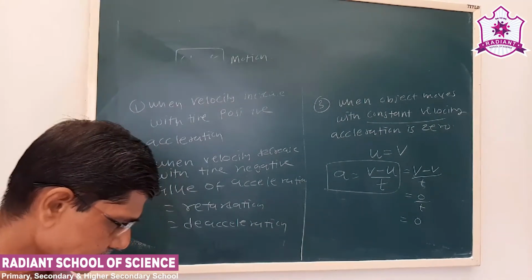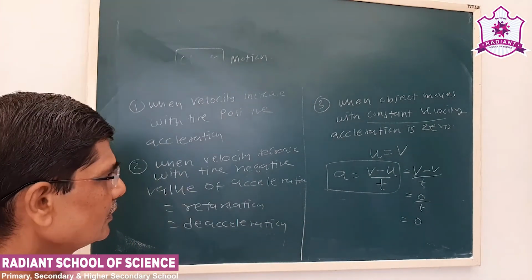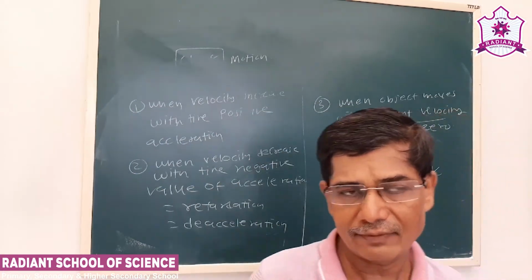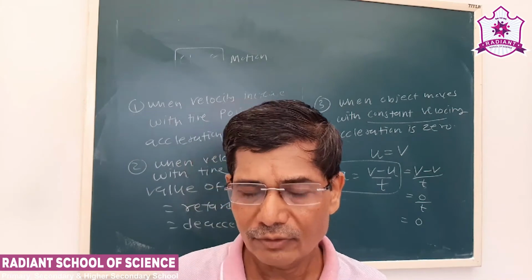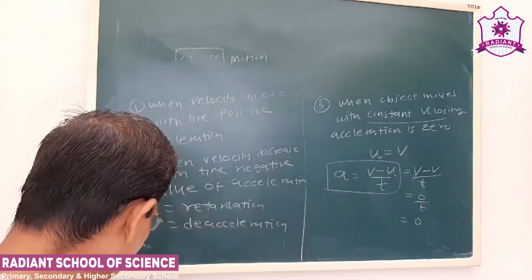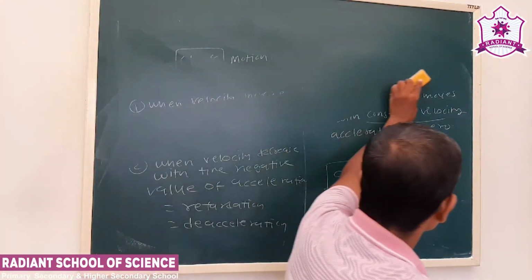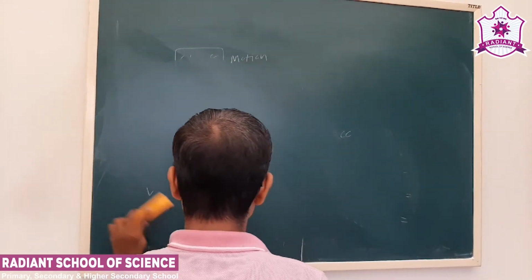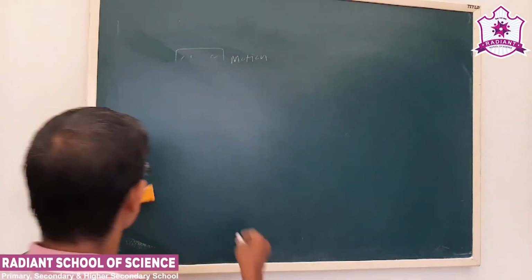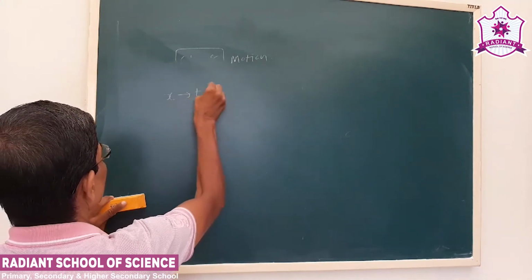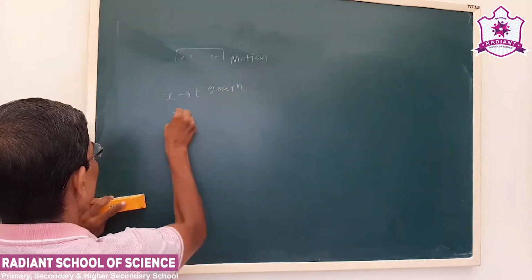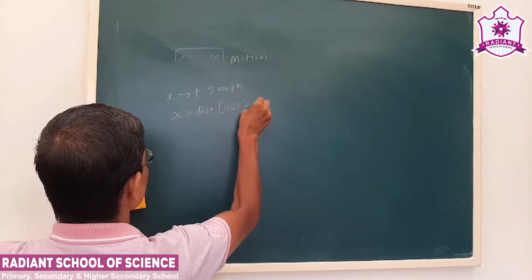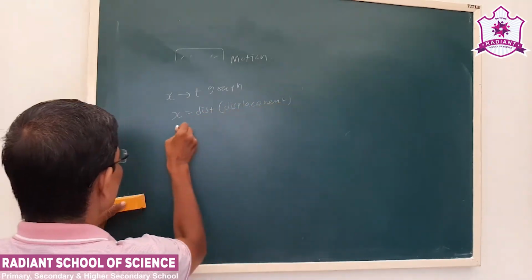Now, all this motion we discussed can be represented graphically also. So today we start with the first type of graph, that is x versus t graph. Here x is a distance or a displacement, and t is time.